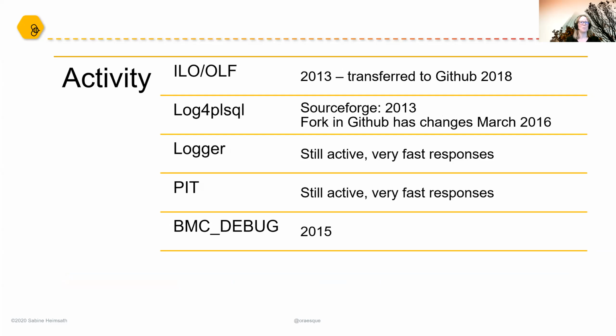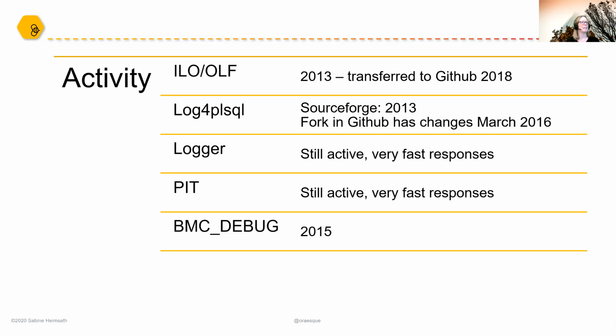Yes, are these projects alive or not? The ILOIOLF thing was transferred to GitHub in 2018 and hasn't changed a lot since then, but the maintainer is still around on Apex conferences, and he's very accessible, so it's reasonably alive, I think, and you can always change your own things anyway, so that's fine.